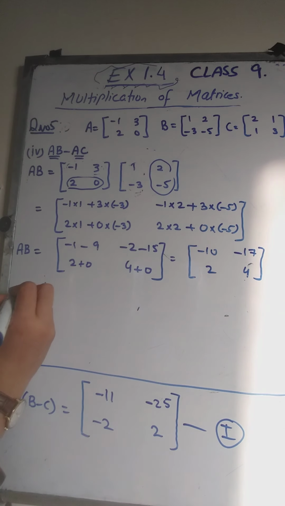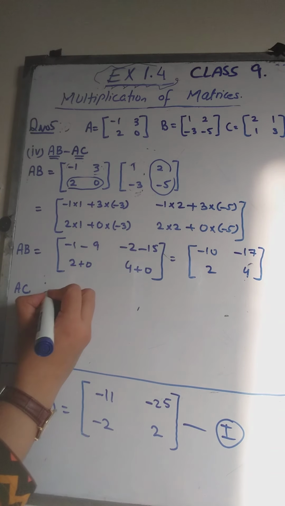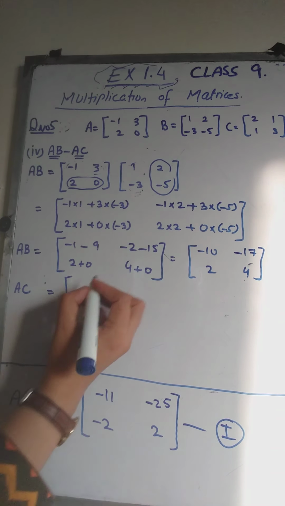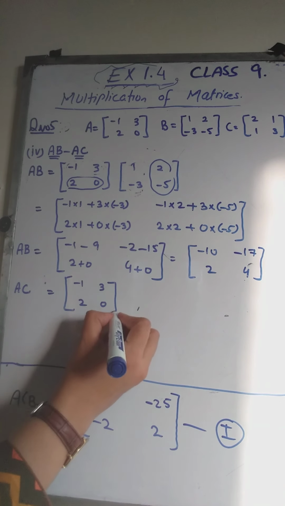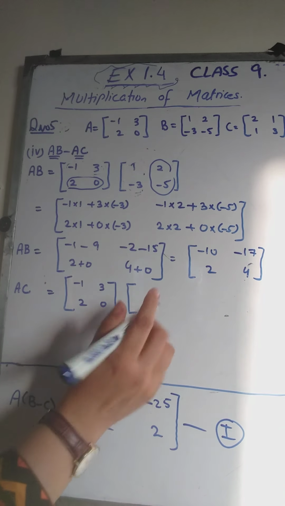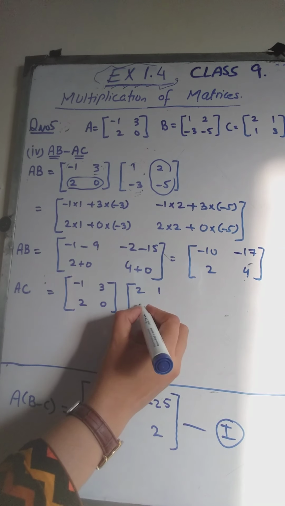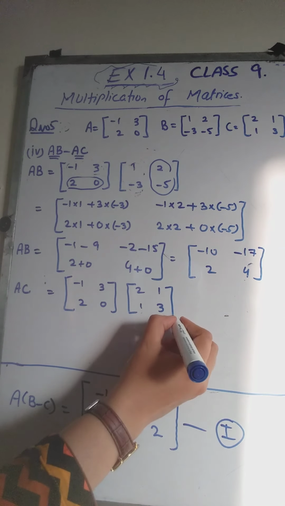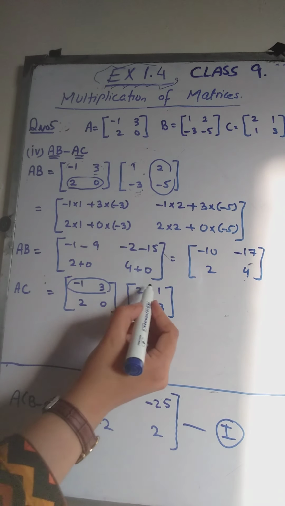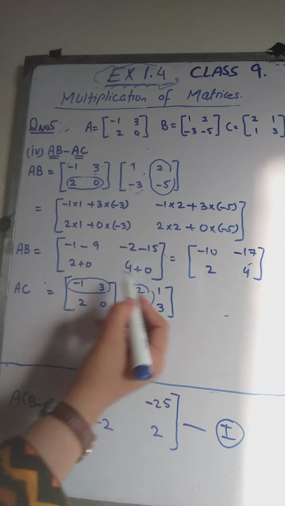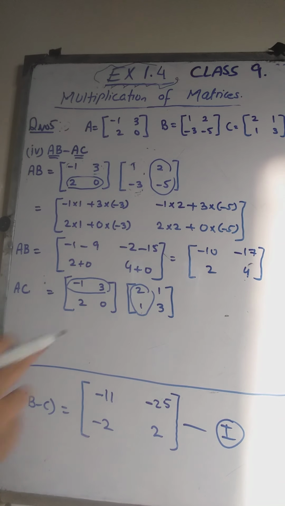Now finding the product AC. We take the matrix A, negative 1, 3, 2, 0, and multiply it with the matrix C. Here again we take the first row and multiply it with the first column.